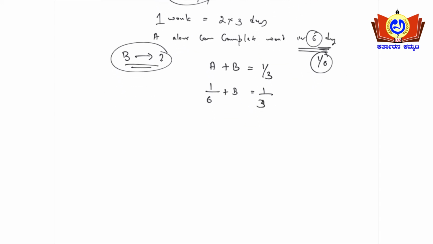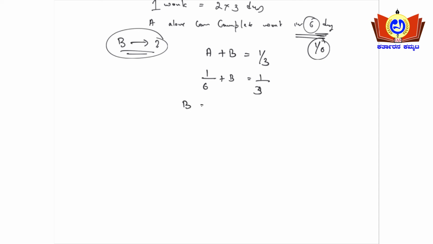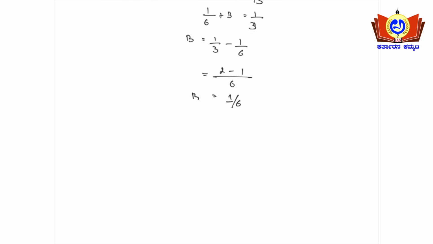Upon solving, B equals 1/3 minus 1/6. So what is the LCM here? LCM will be 6. 2 minus 1, that will be equal to 1/6. So B's 1 day work will be 1/6. So B takes 6 days to complete the work.